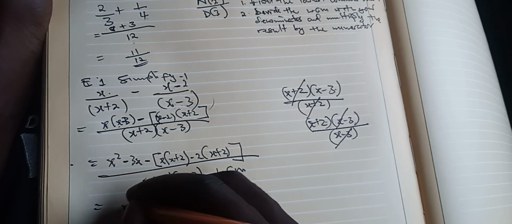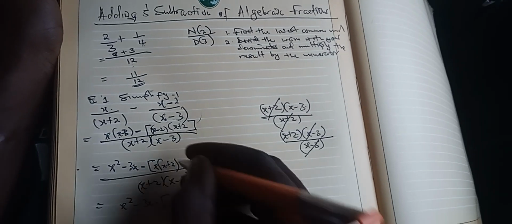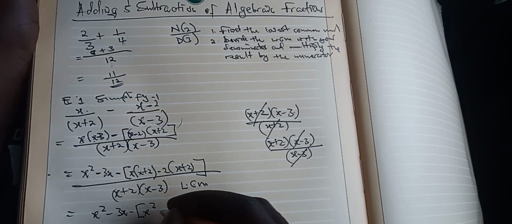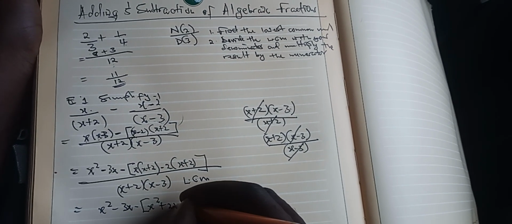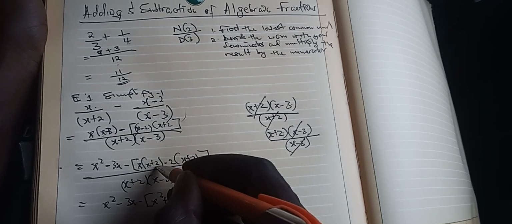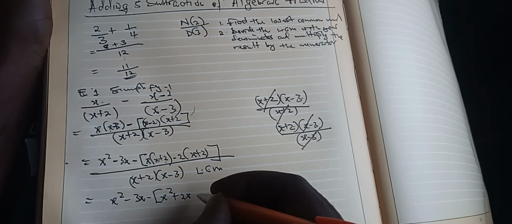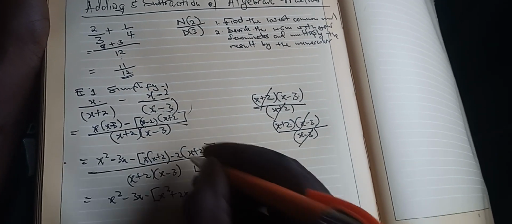And then here we are going to have x squared minus 3x minus, here we are going to have x squared plus 2x. This is x times x, x squared, x times positive 2, plus 2x, minus 2 multiplied by x. We are going to have minus 2x, minus 2 multiplied by positive 2.